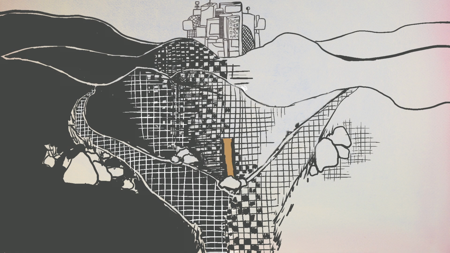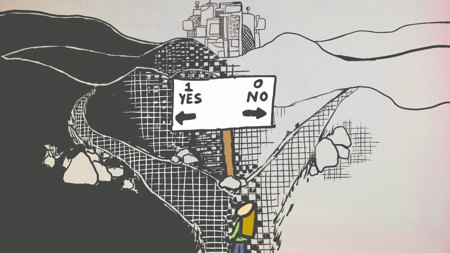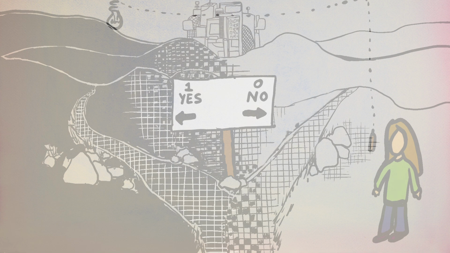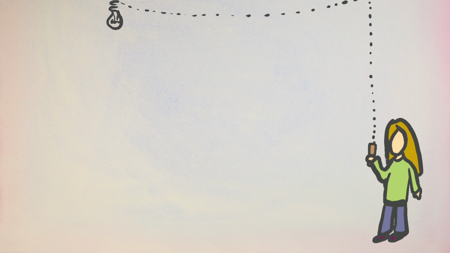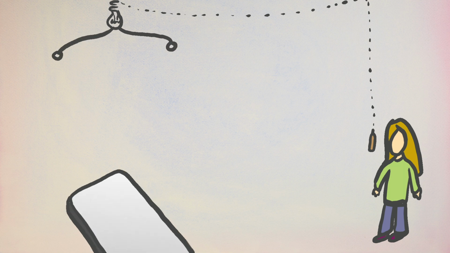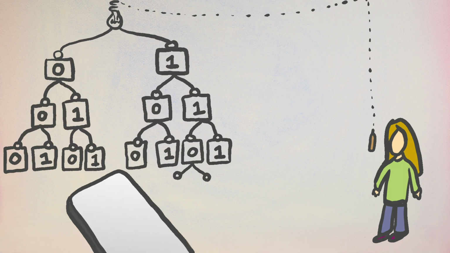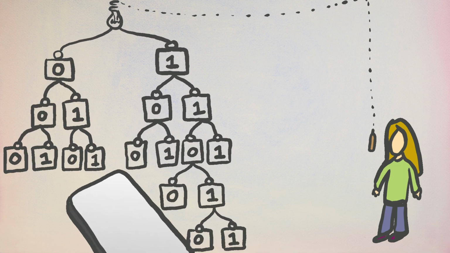But of course, life is usually more complicated than yes or no. Turns out, binary logic is a useful tool. If we start stringing our choices together, we can store more complex information. All starting from electric signals.